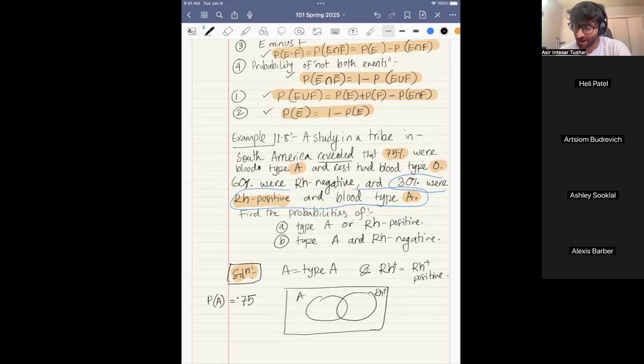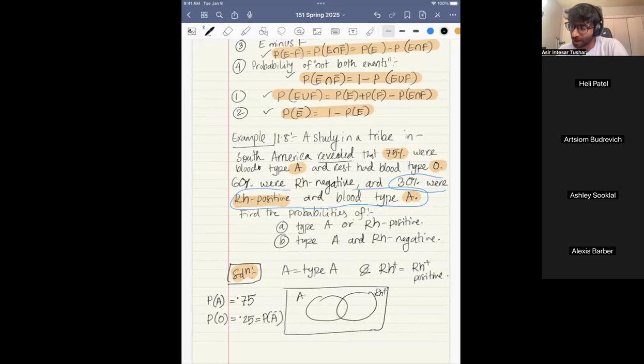And if that is 0.75 and the rest had blood type O, the probability of blood type O is 0.25, or I can also write this as probability of A complement, right? That means O is what is not in A. Right. Okay, thank you.